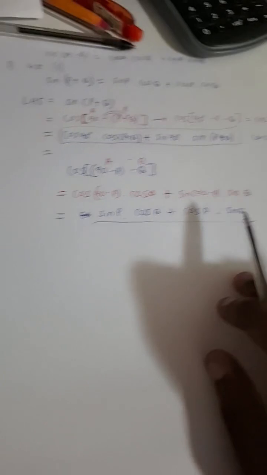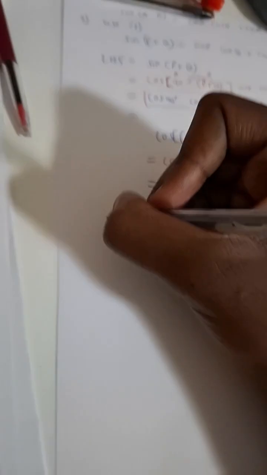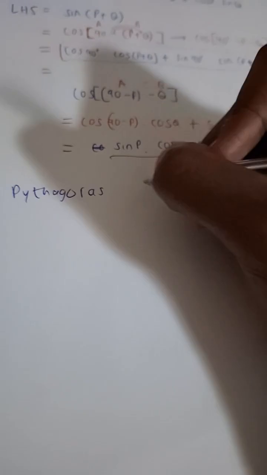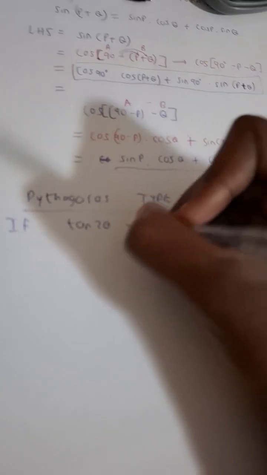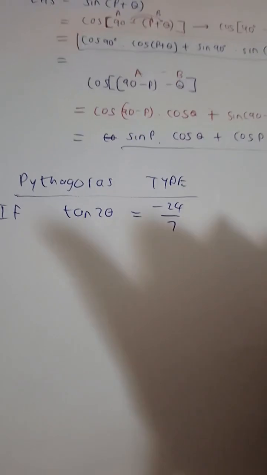I want to do a Pythagoras type question, which has to do with using the Cartesian plane. I just want to do one question, and guys, I will be picking this up tomorrow morning again, same time, 5:30.